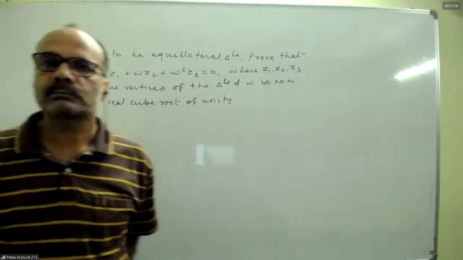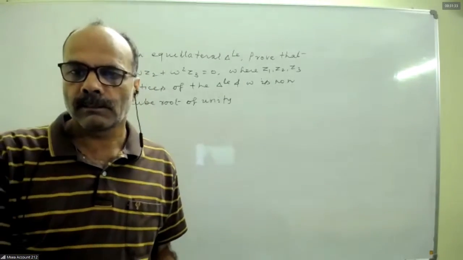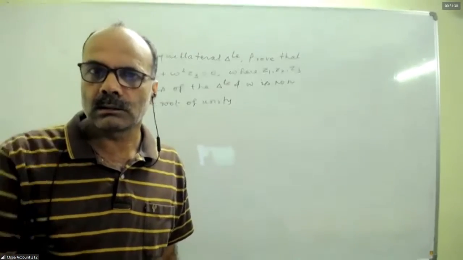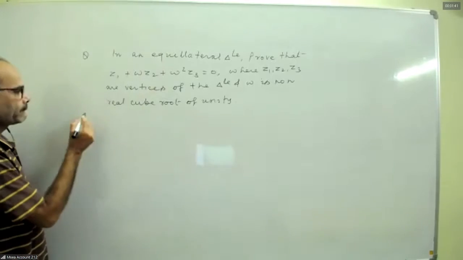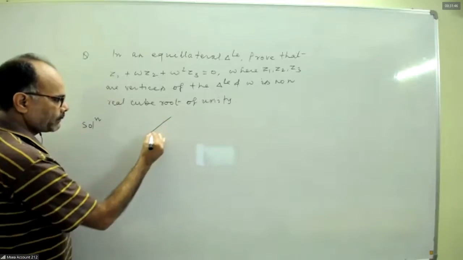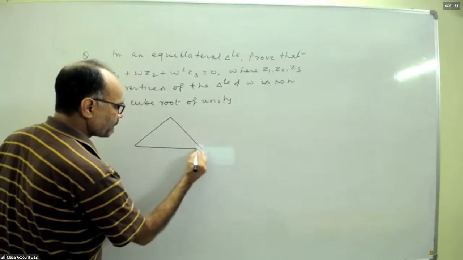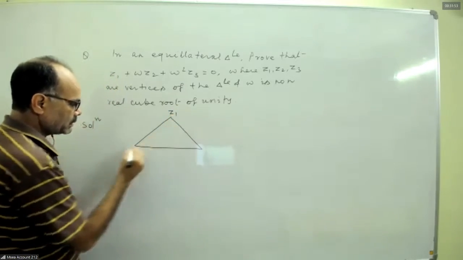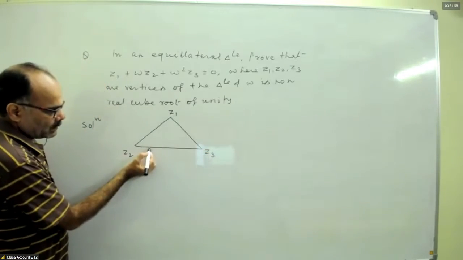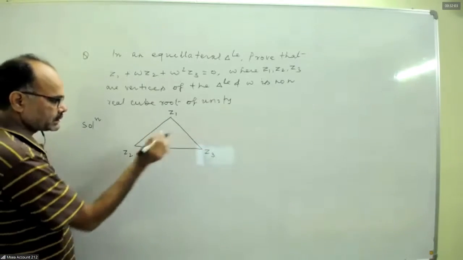It's an equilateral triangle with vertices Z1, Z2, Z3. If it's an equilateral triangle, then the angle is obviously 60 degrees. We can establish the result about any angle, either Z1 or Z2 or Z3.